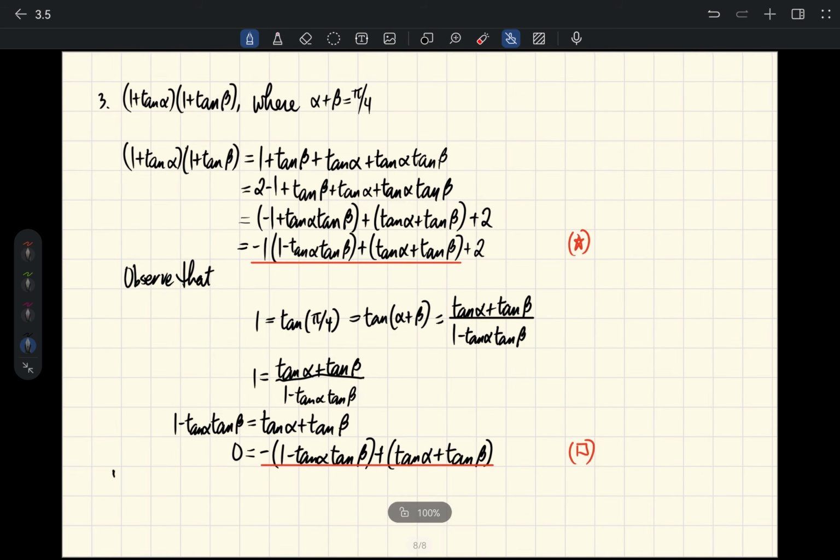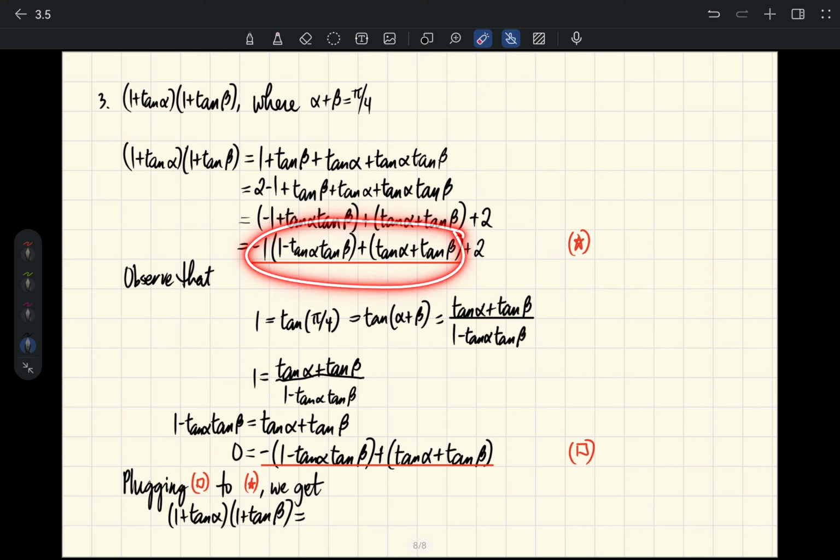So plugging square to star, we get 1 plus tangent alpha times 1 plus tangent beta equals, this one right here will just be 0. Then you have your plus 2 right here, plus 2 equals 2.